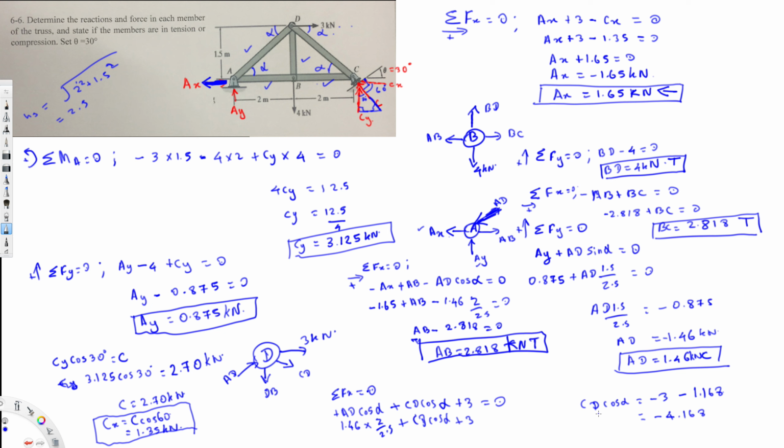Now I had to find CD, so CD cos alpha means CD times 2 over 2.5, so CD is going to be equal to minus 4.168 multiplied by 2.5 and divided by 2.